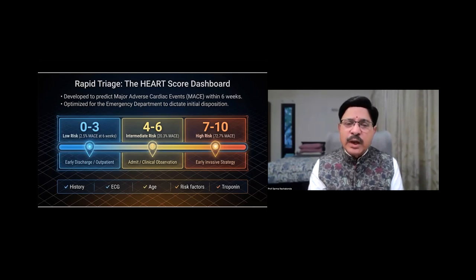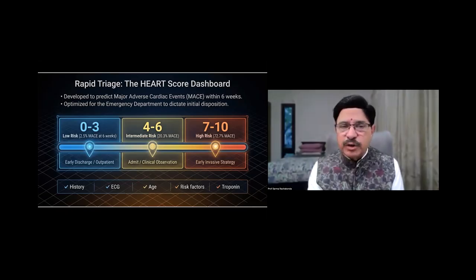There is no arbitrary or random way of deciding. Everything is guided. The moment you see a patient with chest pain in your outpatient clinic or in the ED, first apply the HEART score. And the HEART score requires an ECG, history taking, looking at the risk factors quickly, and sending blood for troponin and getting the report in 15, 20 minutes, and also the age of the patient.